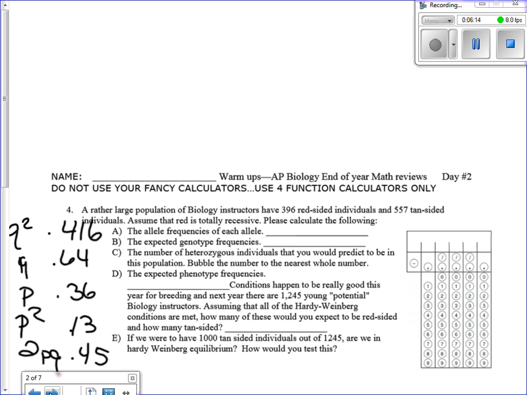Multiply the total population by the expected phenotypic frequency. So 0.416 times 1245 equals 518, 523.